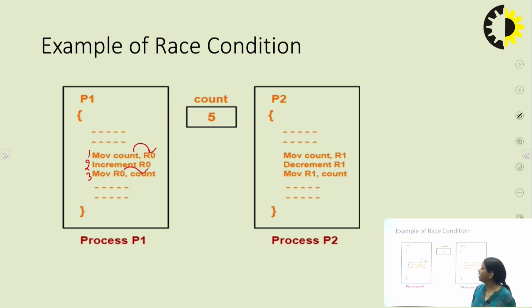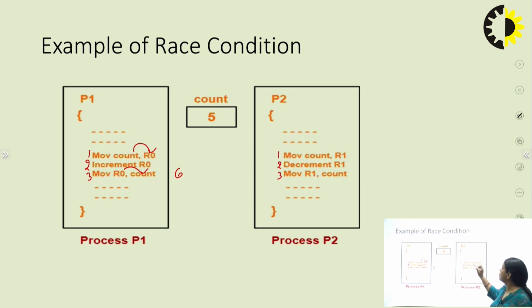Then what will be the value of count? If the starting value of count is 5, then when P1 executes, we will increment the value of count, and the value of count will be 6. Now for the other process, there are three statements as well.